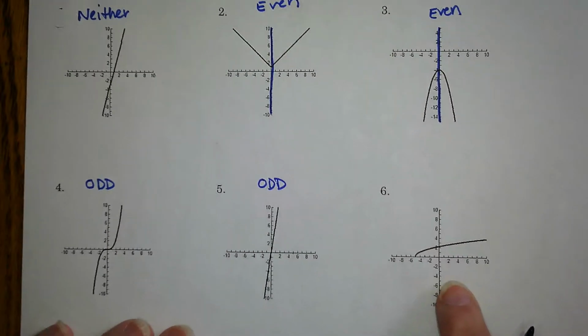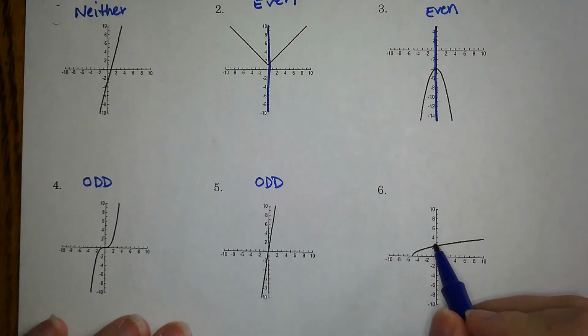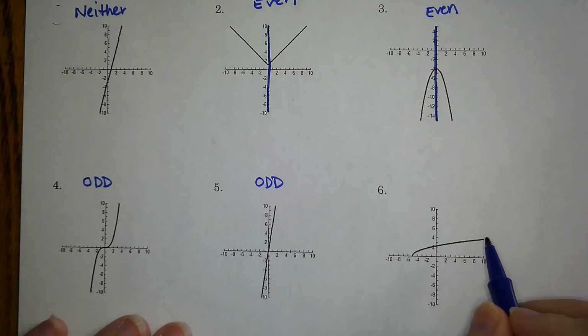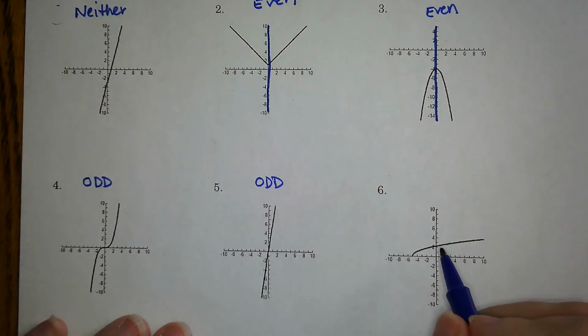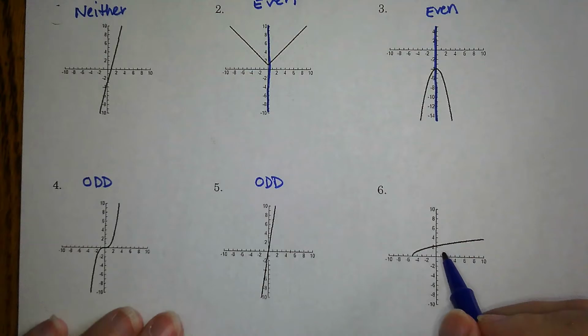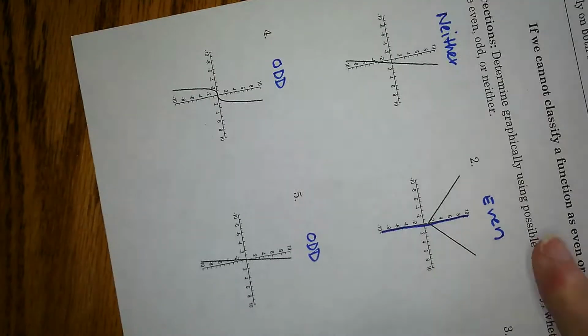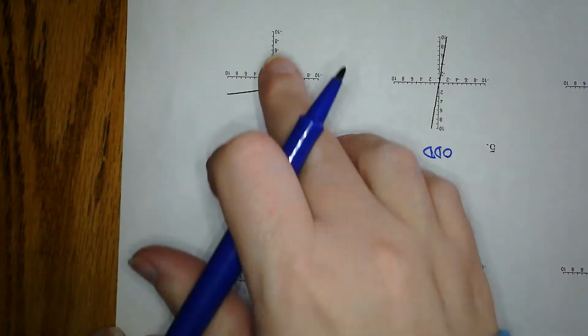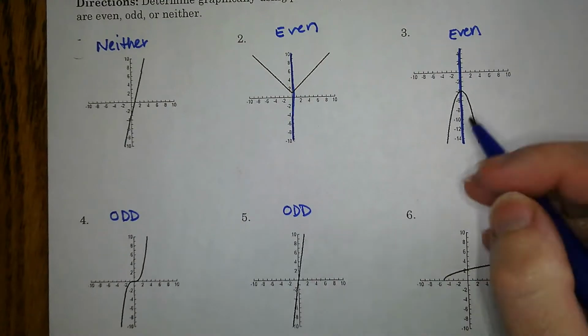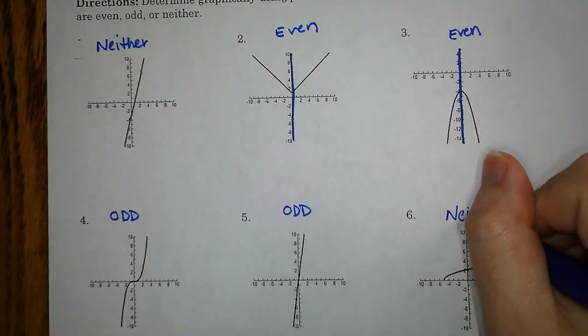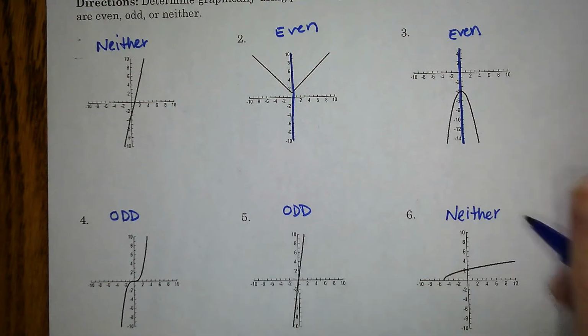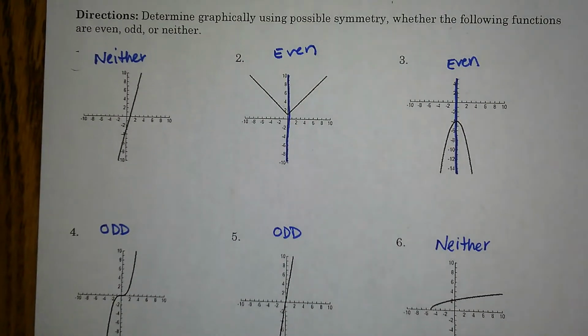And our last one does not have symmetry with respect to y because this looks like it's going infinitely to the right, whereas it's not to the left. And when I rotate this 180 degrees, it's under instead of above. So that's not it. This is considered a neither. Hopefully this helps you to figure out graphically whether you're dealing with an odd, an even, or a neither.